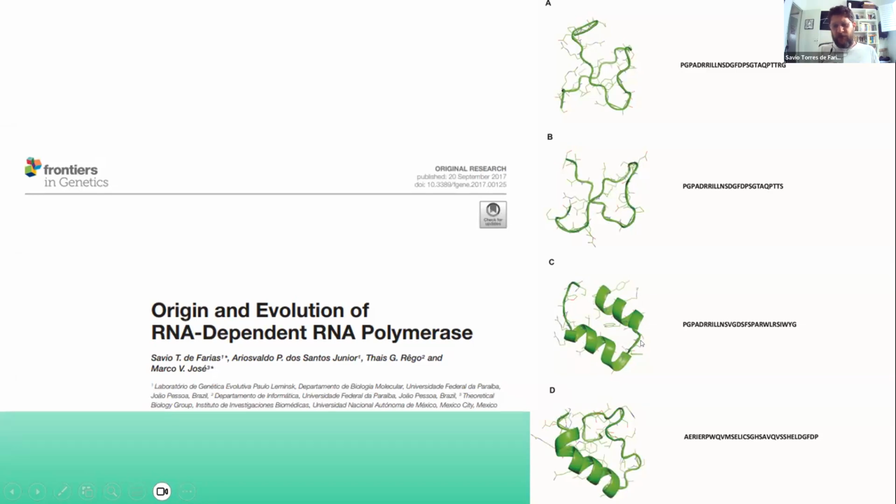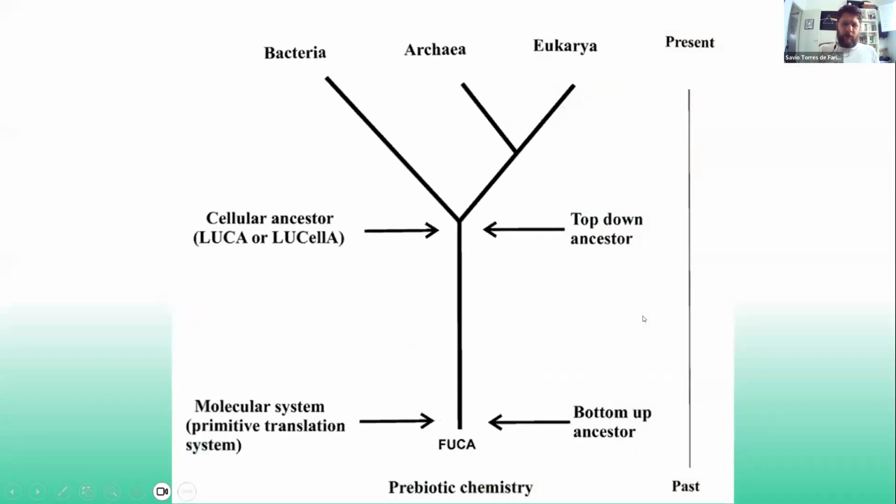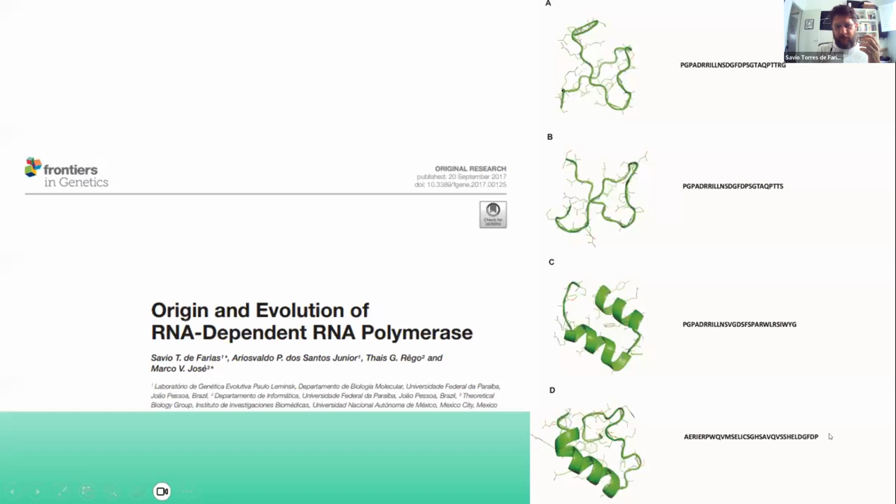This is very interesting because when you compare this part of the protein, you can find a similarity with the RNA-dependent RNA polymerase. This part is similar to the catalytic part of the modern RNA-dependent RNA polymerases.